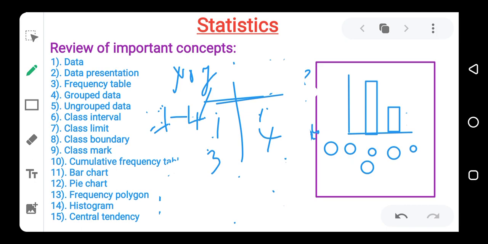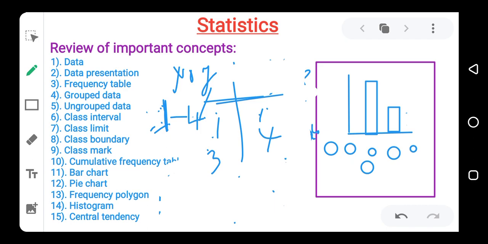Now, like 1 to 4, the lowest number you can approximate to get to this class interval is the number you approximate to get to the lower class limit. The lower class limit here is 1. So what is the smallest thing you can approximate to get to 1? 0.5.